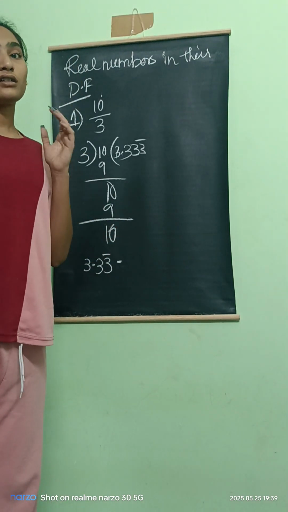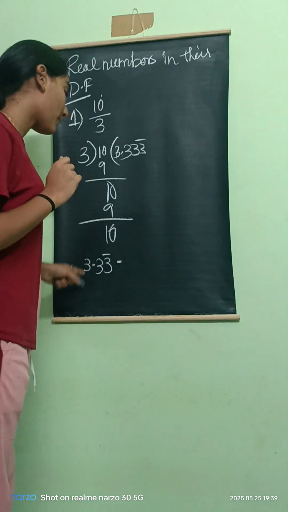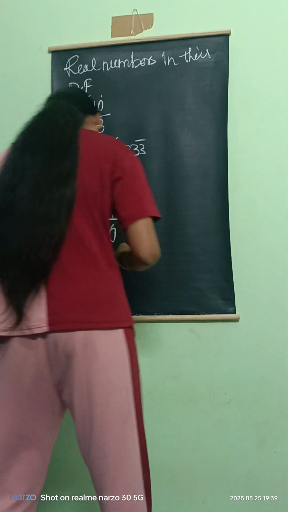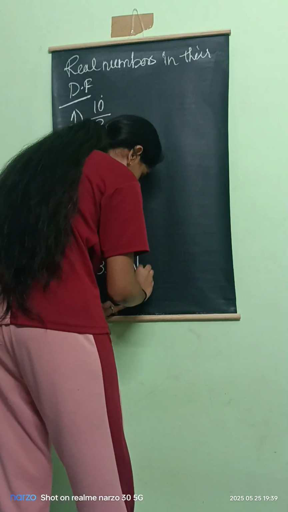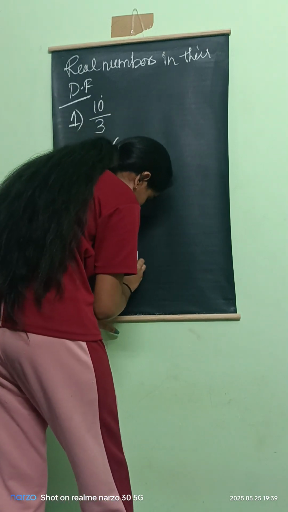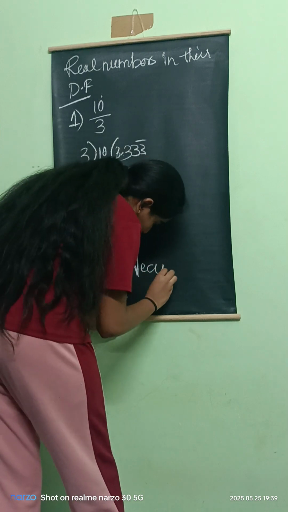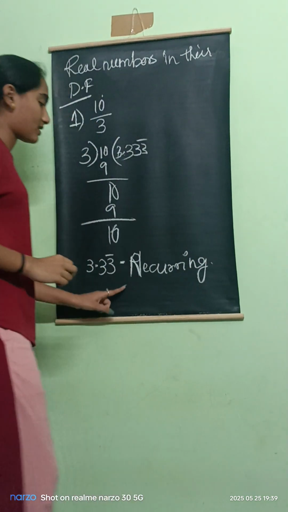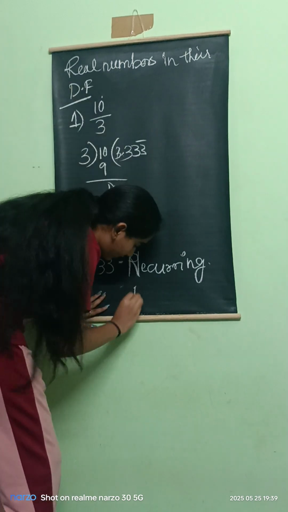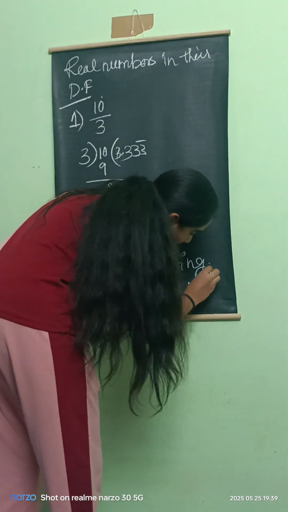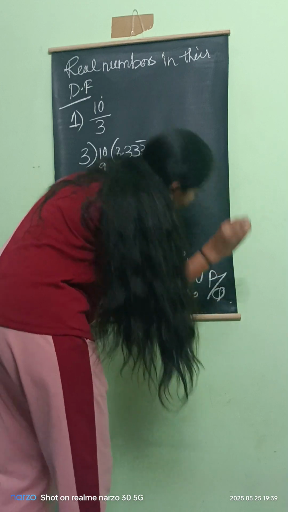So which is the term which is related to the keyword repeated? That's recurring. Yes, the recurring decimal. And it's a rational number also, which is in the P by Q form.